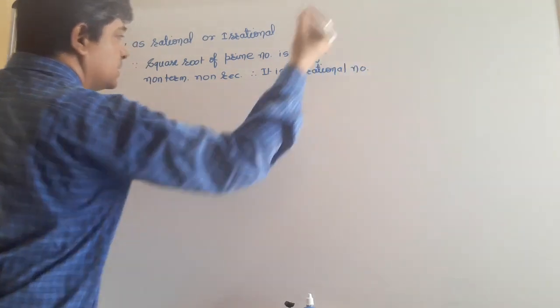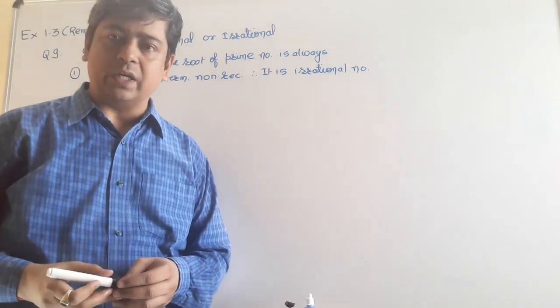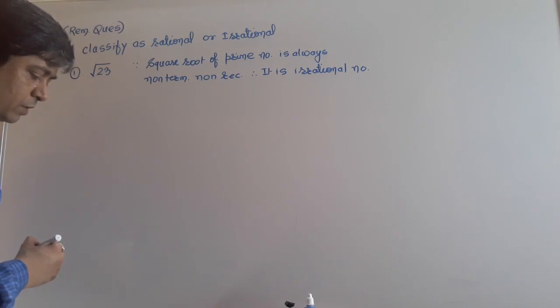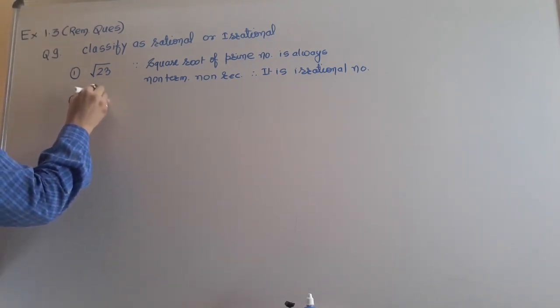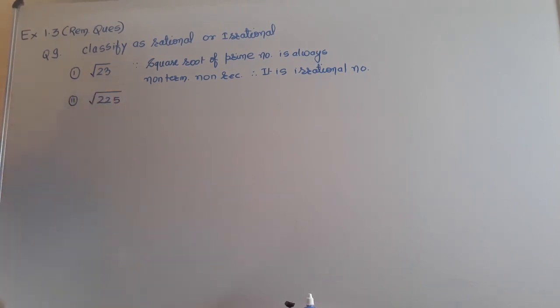Okay, this is the answer of the first part. So with the help of the fact, we can easily find out. Let us see the second part. Now in the second part, what are we given? The second part is given here, square root of 225.